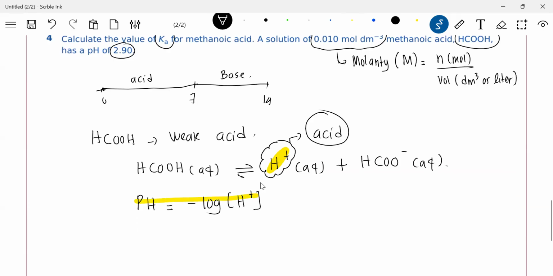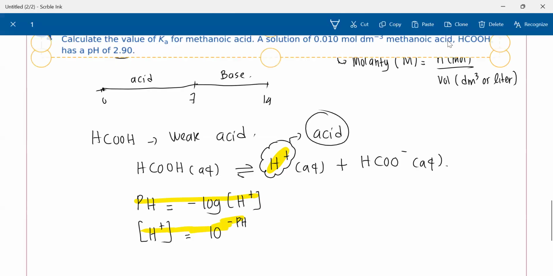And then to find H positive, it equals 10 to the power of negative pH. This is the basic theory first. I will explain, if you don't have any questions.